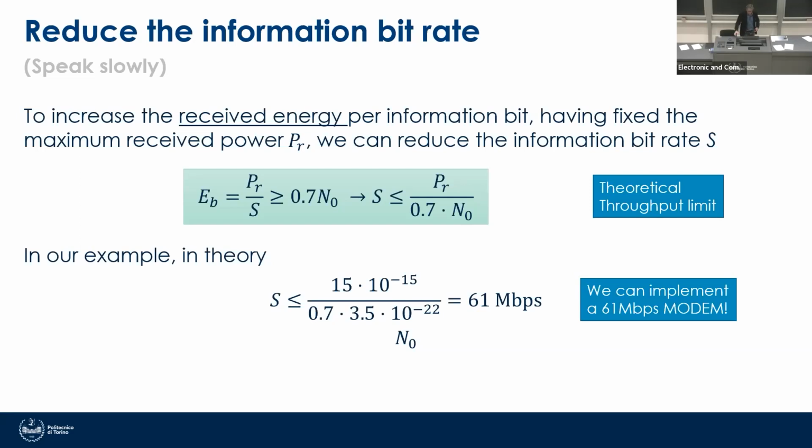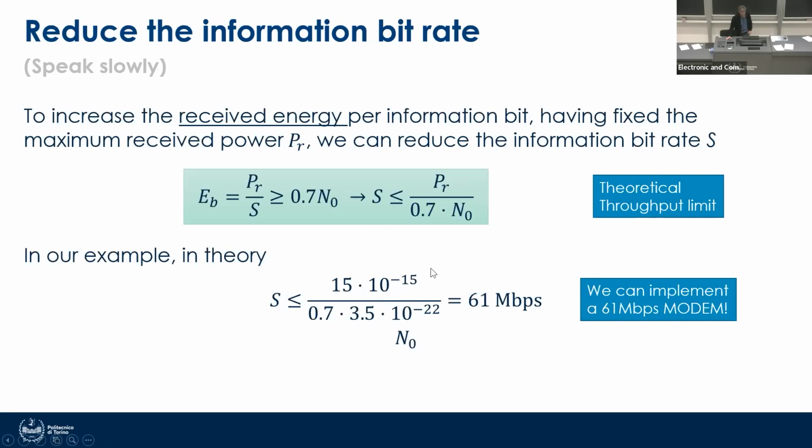Of course, if I want to increase Eb and I have fixed PR, that is 15 femtowatt, I need to reduce the throughput. If you just reorder this inequality, you get that the throughput, S, the number of bits per second, has to be smaller or equal than the received power divided by 0.7, the level of noise.